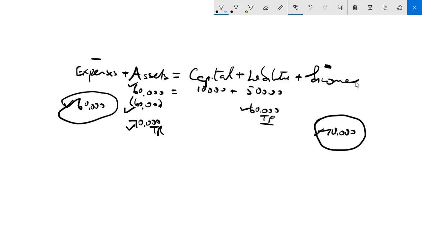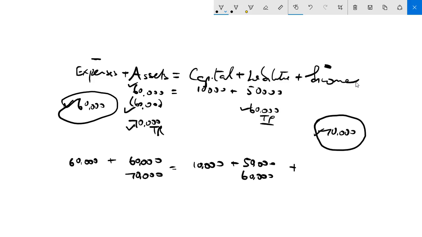So our equation now looks like this: 60,000 in the bank, plus this 70,000 piece of paper, which is equal to 10,000 plus 50,000 that we owe to a bank, 60,000 that we owe to some sort of supplier, someone we got goods from on credit, and 70,000 income showing that we have sold goods.